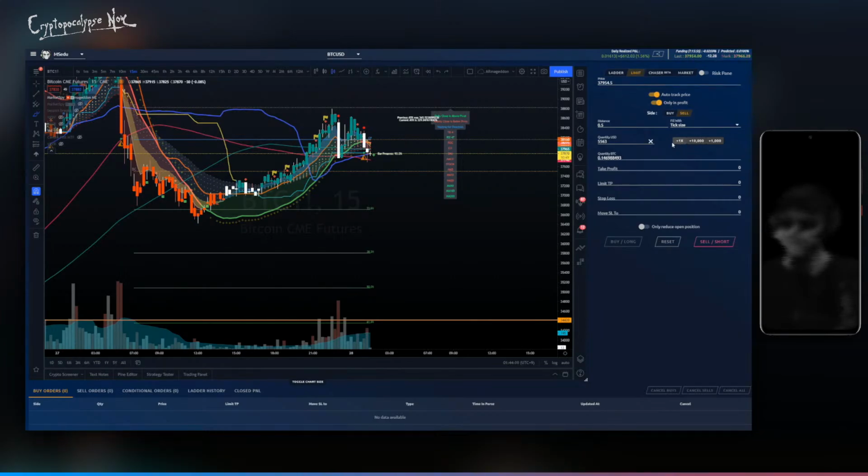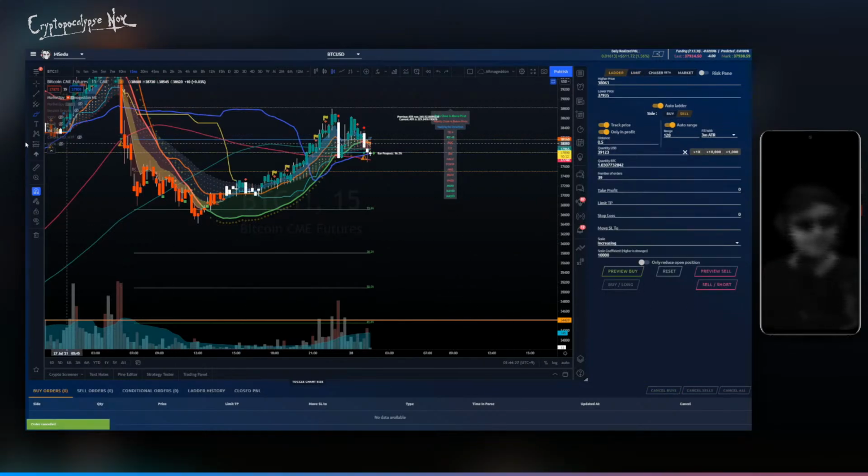Why aren't you short, Crypto Ranger? If that is a short signal, why aren't you short? Good question. Why am I not? You know what? I'm going to calculate it like this.